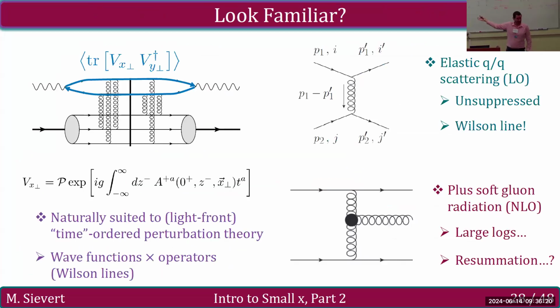This should look quite familiar with what we discussed yesterday. So this was the conclusion that gluon exchange is unsuppressed with s. And if I have many such interactions, they are resummed into a Wilson line. And I know that at small x, I'm going to have an abundance of gluons to scatter on that will produce my A, which is large, due to multiple emission of gluons that are logarithmically enhanced with large s.